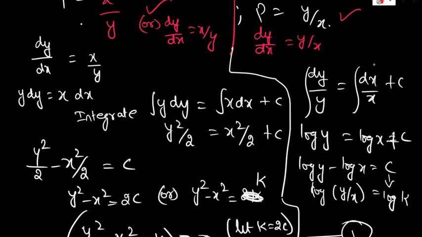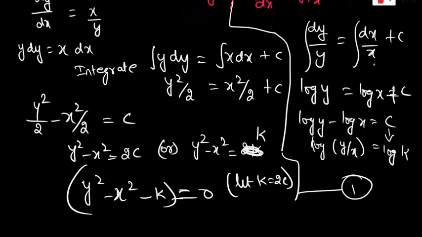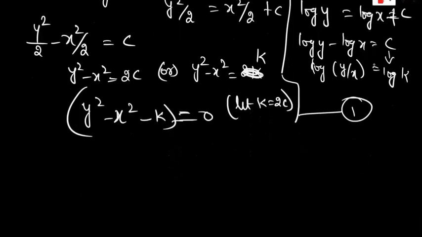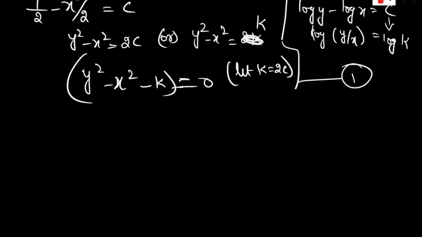Because C is just a constant, I can write this as logarithm of some other constant so that it's easy for us to compare.